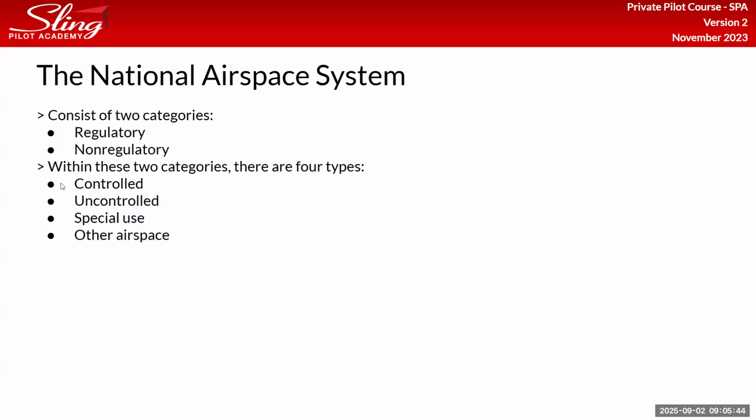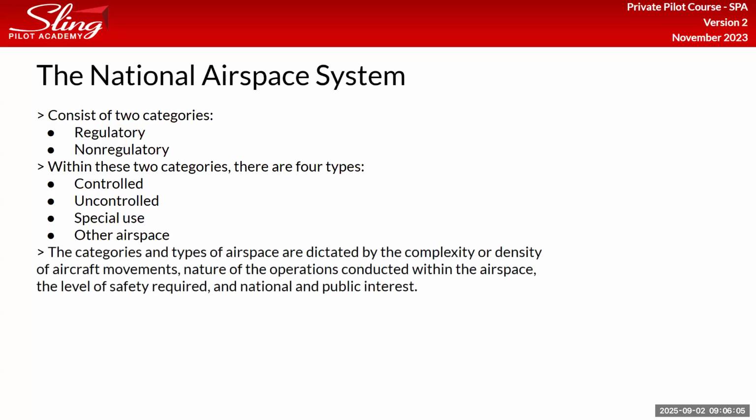So this is a general overview. We're going to dig into each part, but just so you know, most airspace is regulated by the FAA. There's a bunch of rules that we have to remember for each airspace, and then non-regulatory, there's a couple of them that aren't watched by the FAA and have rules. Dictated by complexity, airspace density, aircraft movement. We're going to get into all of that.